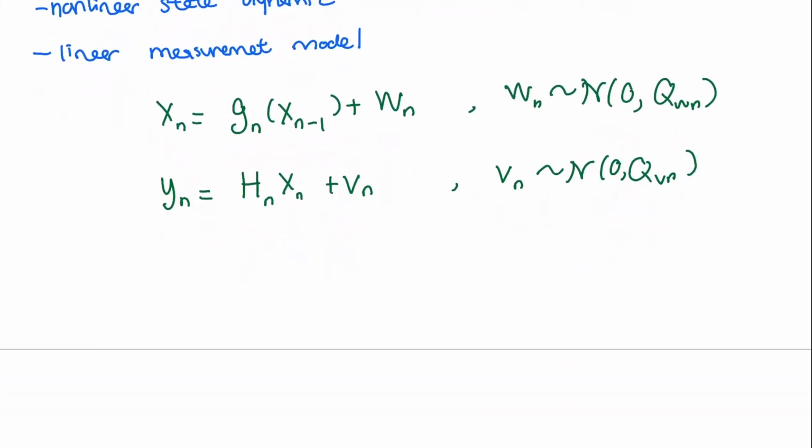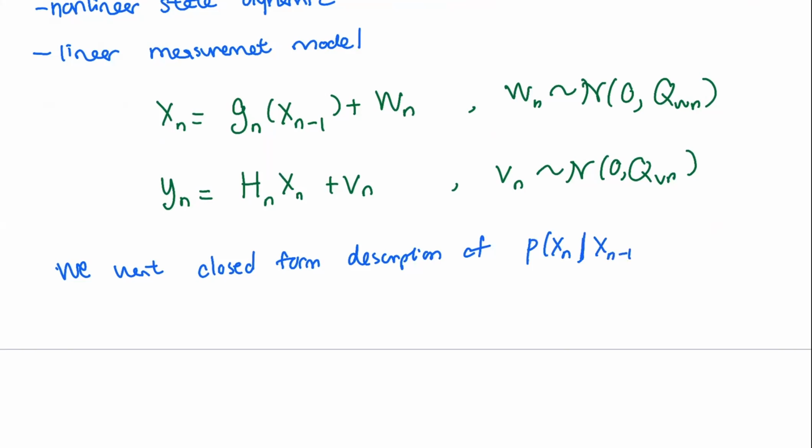Okay, so what we're trying to do is get a closed form description of the optimal importance function. If this was just the previous one, where it was just x_n given x_{n-1}, we would be done already, right? We know exactly how to handle that. But the optimal importance function is the probability of x_n given x_{n-1} and y_n, right?